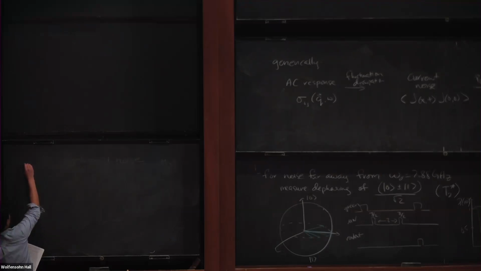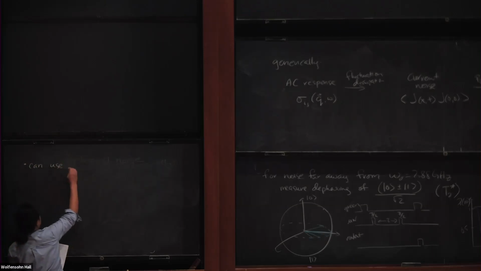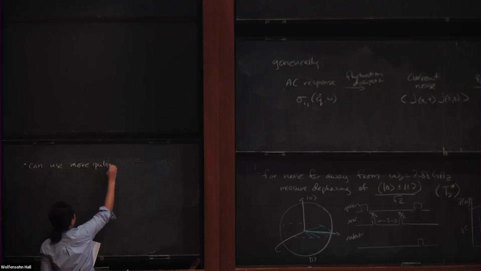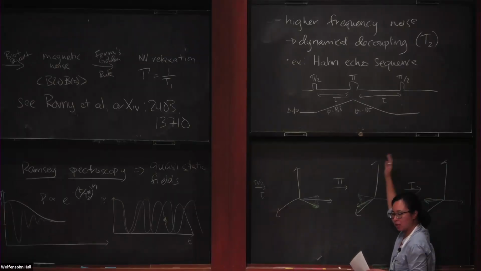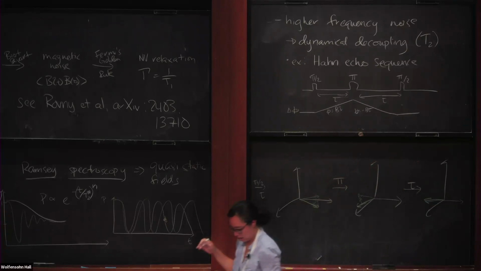Okay, so more generally, you can use lots of pi pulses to now cancel out even higher frequency noise. Here, the only thing that this was good at was something that gives you the same phase evolution in this block as this block, so it's quasi-static noise over the length of the time evolution.